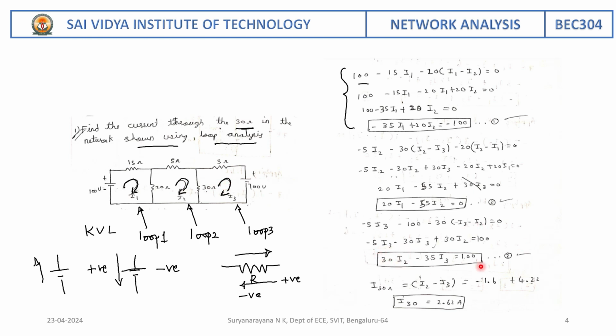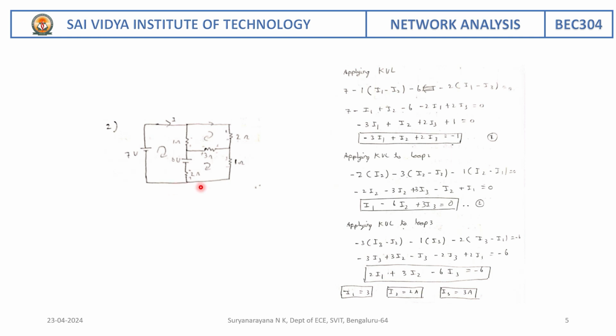So on simplifying, we'll get 30I2 minus 35I3 is equal to 100. So what is the current that is flowing through 30 ohm? It is the difference between the two currents, that is I2 minus I3. Therefore, use Cramer's rule in order to solve the value for I1, I2 and I3, and we will be able to get current through 30 ohm is 2.62 ampere.